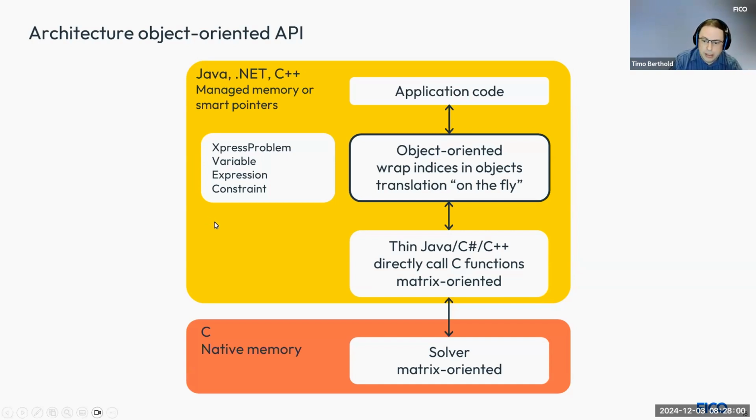Yeah, importantly, all of the yellow part here is implemented with managed memory in Java and C#, smart pointers in C++. So you have memory management in place everywhere. So everything there with respect to memory is automatic, nothing that you have to worry about as a user.